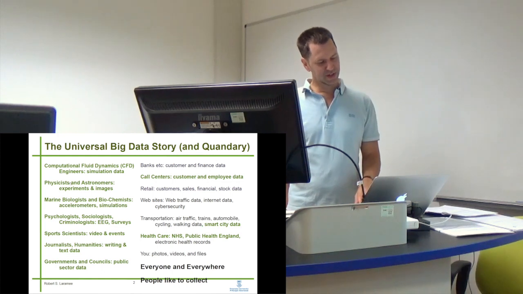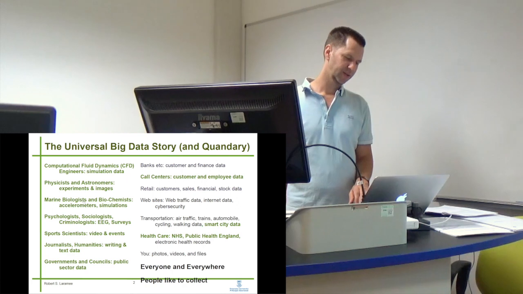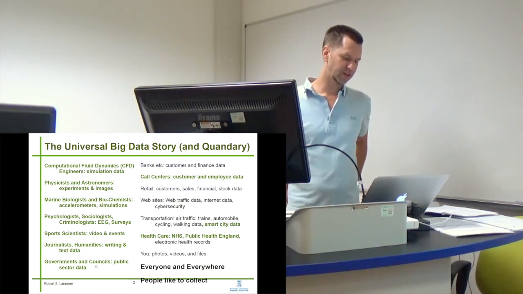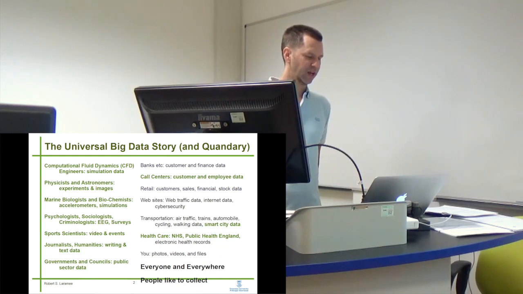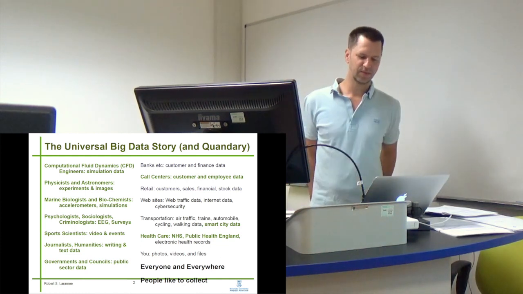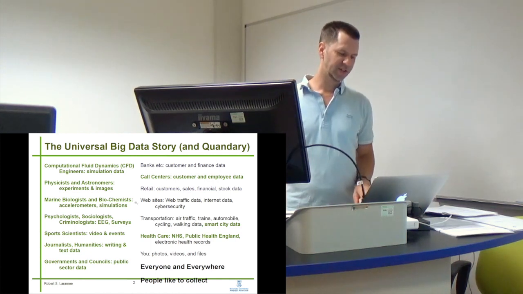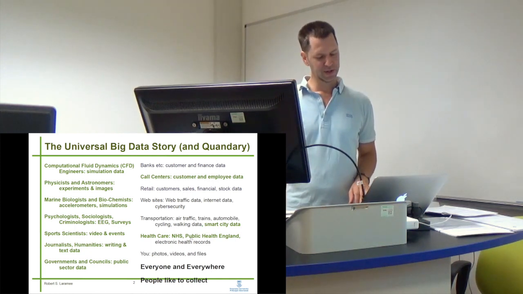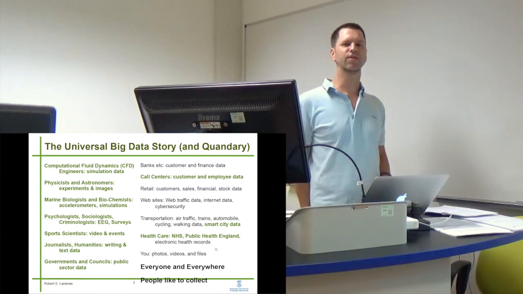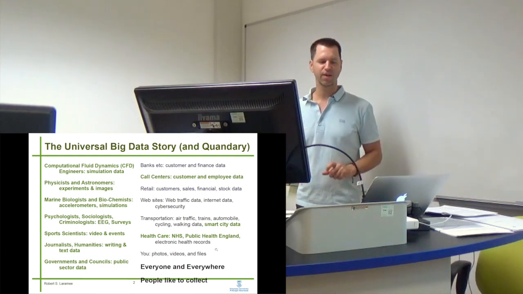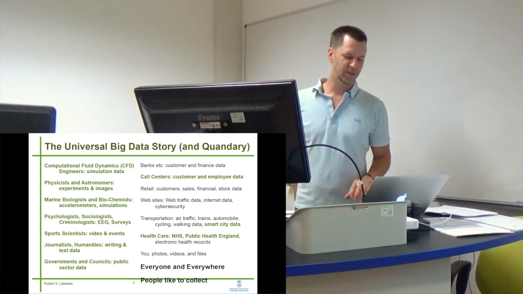These are just some examples on a professional level on the left-hand side. There are different kinds of professions where people are collecting and archiving data full time. On the right-hand side are just some examples on a more personal level, on a more individual level rather than collective level.